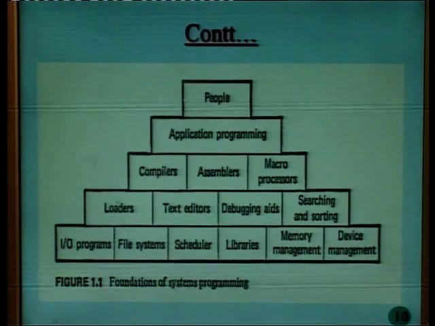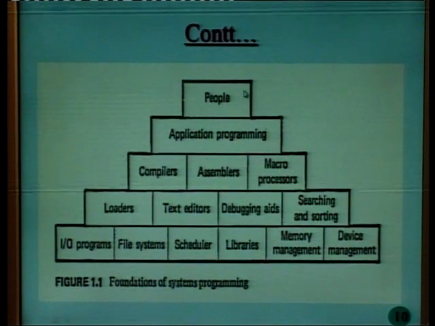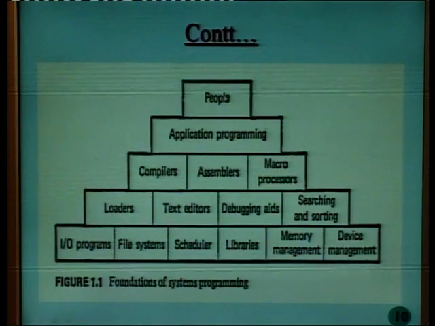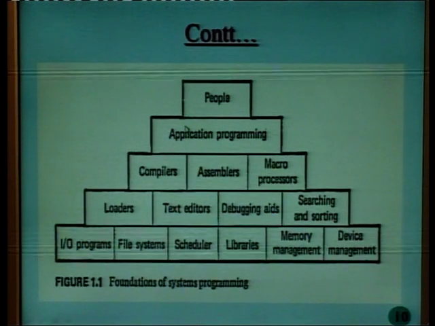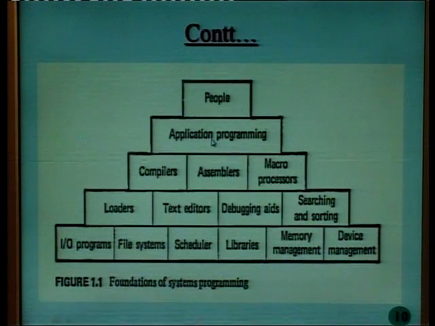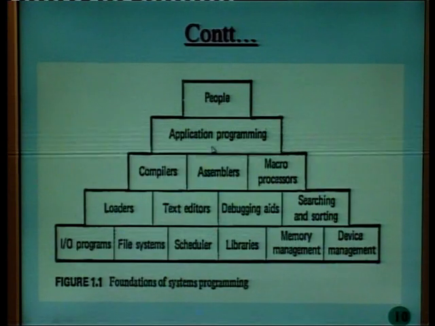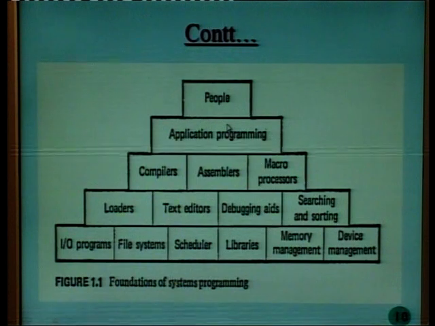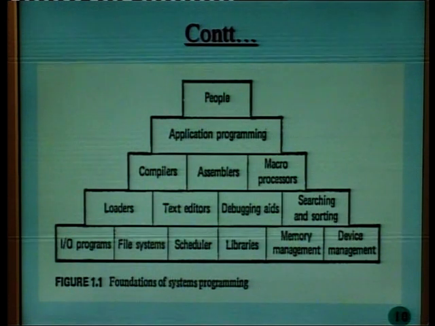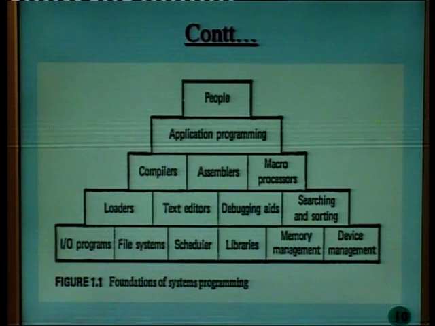As per the diagram of this pyramid, at the top level are the users of the computer system. They use only the application programs that help the user interact with the computer system. For these application programs we have application software used for specific purposes.